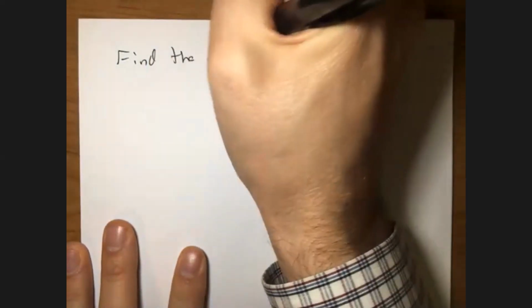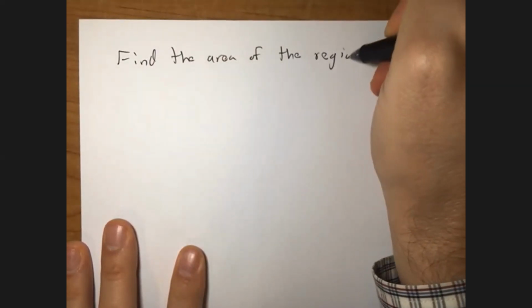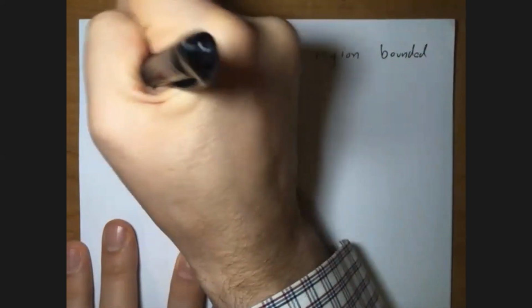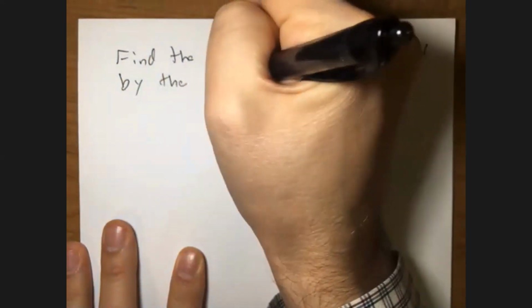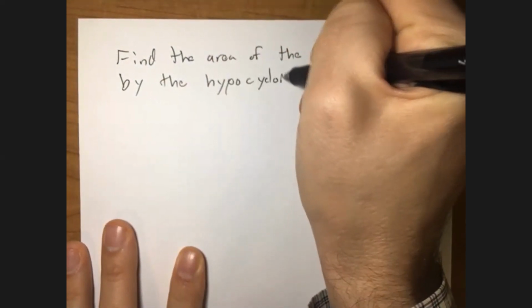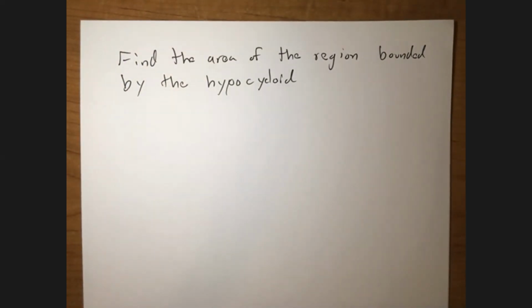Find the area of the region bounded by the hypocycloid, and that is given by cosine cubed of t, comma, sine cubed of t.